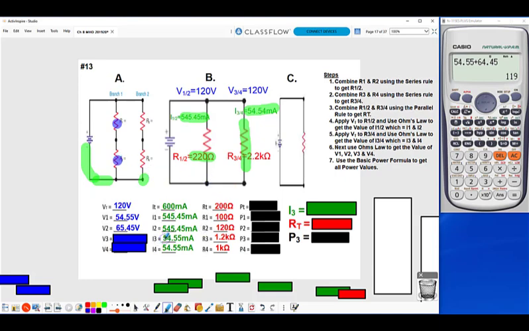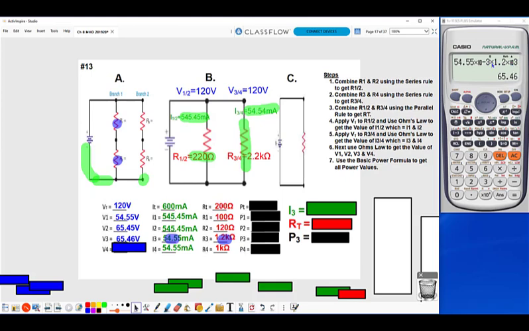Let's do the next one, 54.55 milliamps. What I'm doing right now is V is equal to I times R. So here's the I, 54.55 times 10 to the negative third, times R3, 1.2 times 10 to the third, equals 65.46 volts.